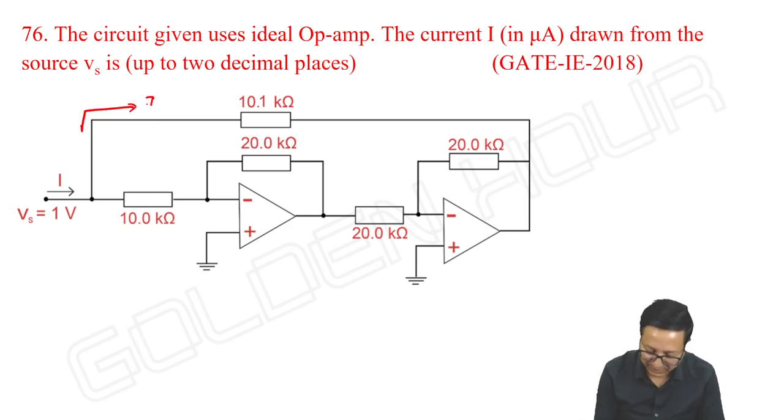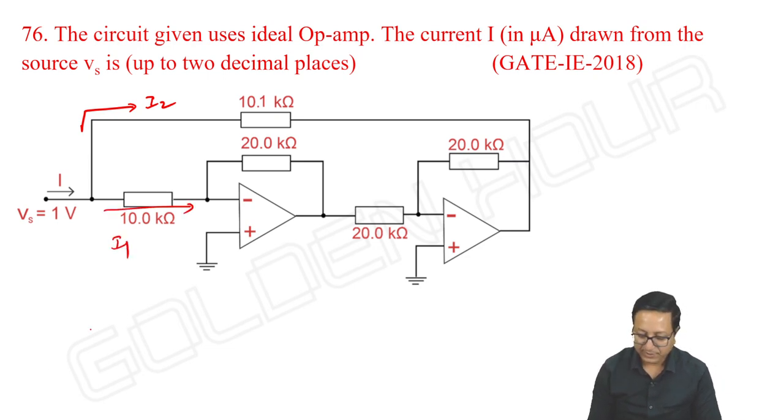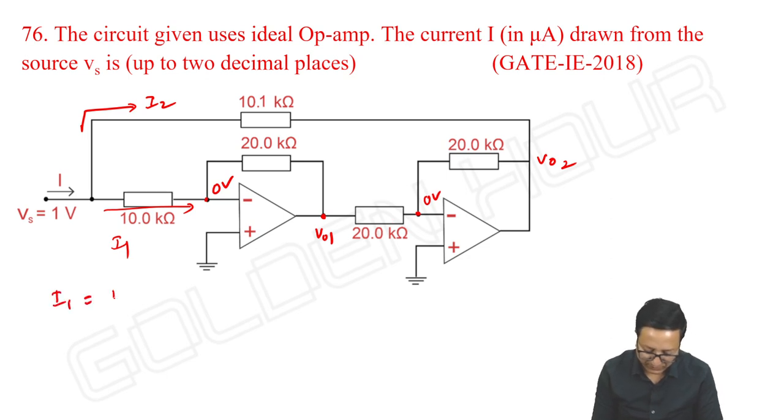Let me take this current as I2 and this current as I1. Okay, and this voltage is V1 and this is V output. V out or V output, anything you can write. Okay, so what is I1? Due to virtual short, it is 0 volts. So I1 is equal to Vs, that is 1 volt.